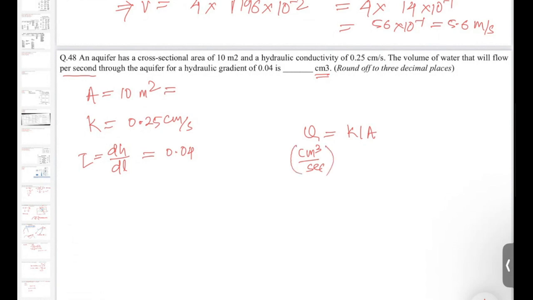That is the thing. Now you have to find it in the unit of cubic centimeter, so you have to do this conversion first: your 10 into 100, the square of 100, and this is centimeter square. So how much is it?